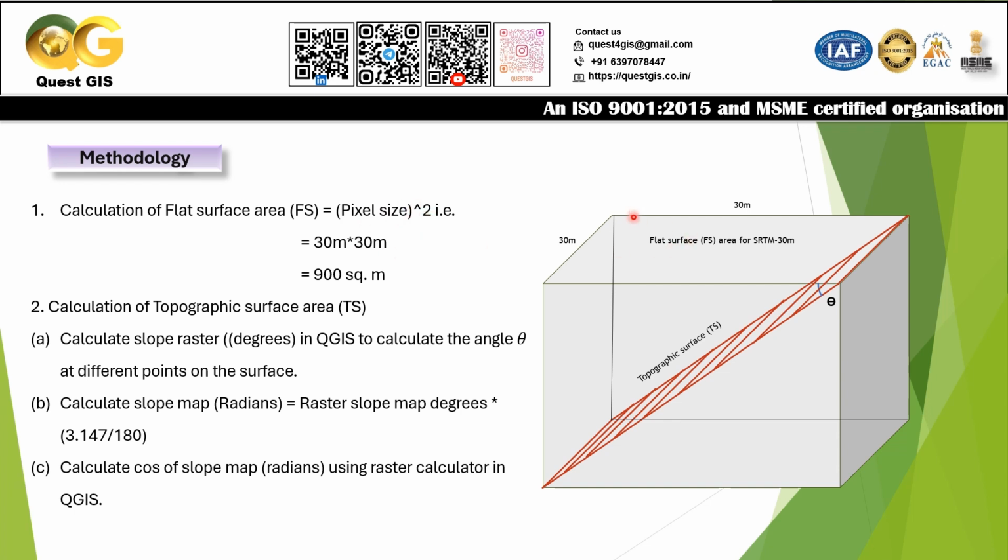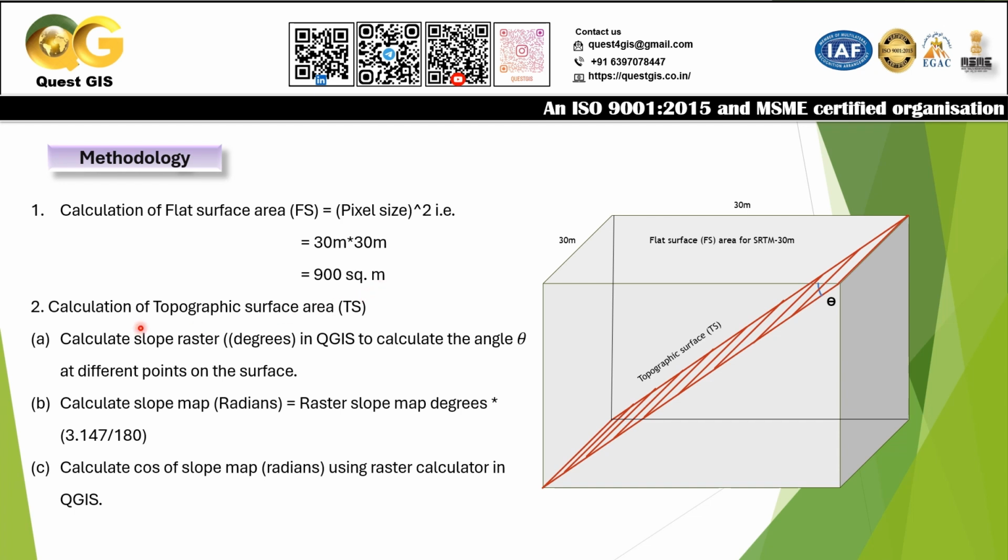That means if we are considering SRTM 30 meter spatial resolution, then, because we are using a digital elevation model, every topographic surface at 30 meter by 30 meter will have a flat surface projection. The area of the flat surface will be 30 meters by 30 meters, a constant of 900 square meters.